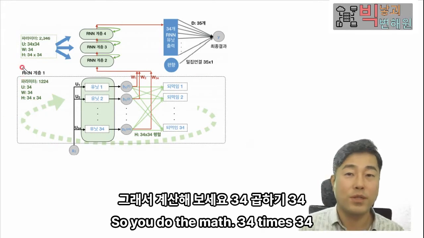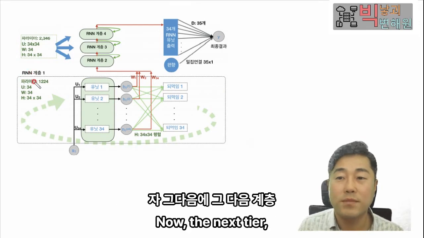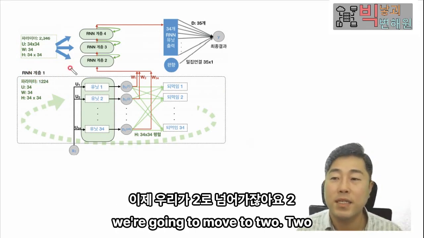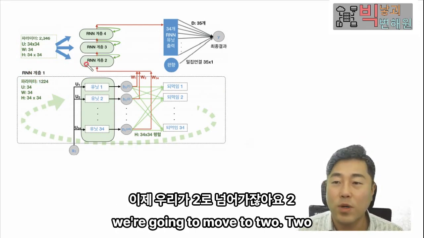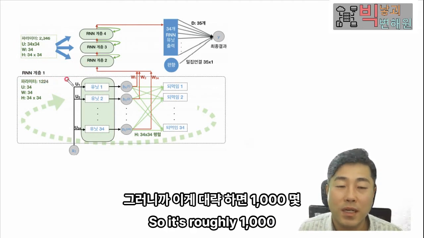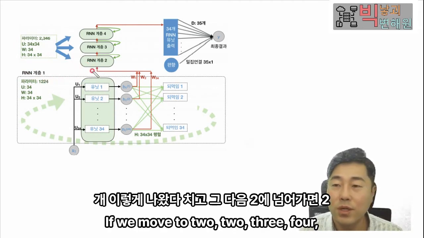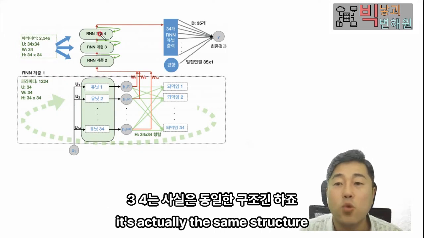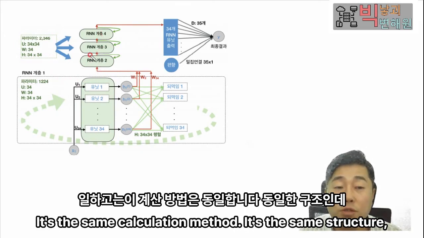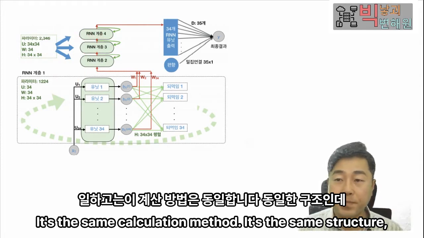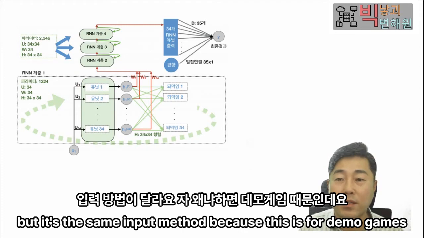Now, the next tier. We're going to move to 2. It's roughly 1,000. If we move to 2, 3, 4, it's actually the same structure. It's the same calculation method. It's the same structure.